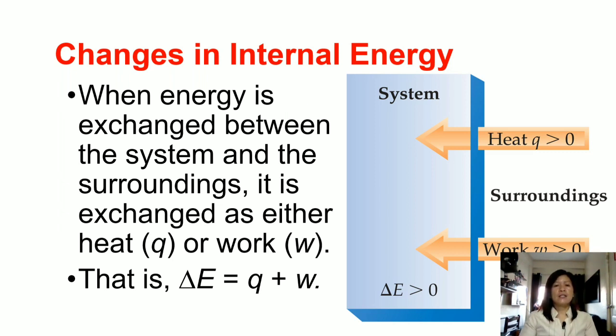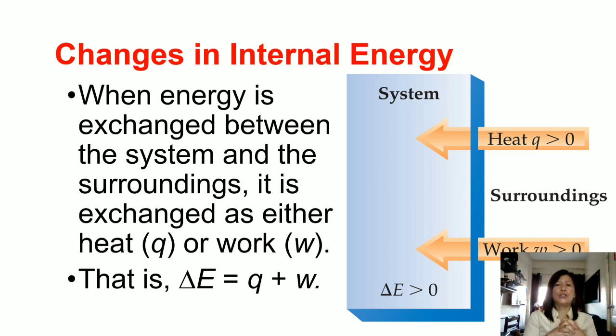So if the exchange is work or heat, then you can consider the equation: change in internal energy is equal to the sum of the heat and the work. So this is heat lost by the system to the surroundings. So it will be the same as heat gained by the surrounding.